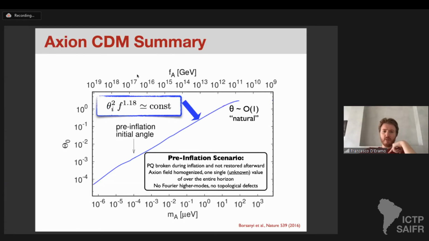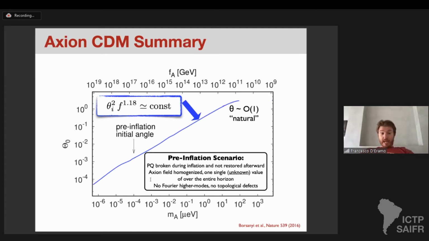You can go all the way to the Planck mass at the price of paying a small initial angle. So you have to come up with some explanation of why the initial misalignment, out of all the possible values of theta, we ended up to live in a Hubble patch where the value of theta is so much smaller than 1. Okay, so this is the price to pay.